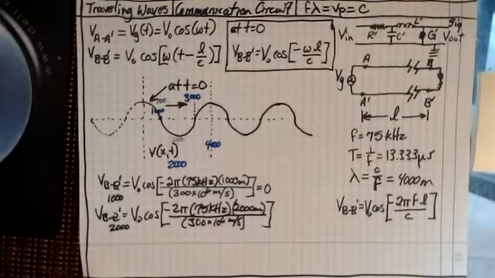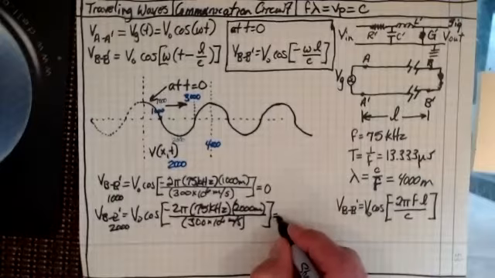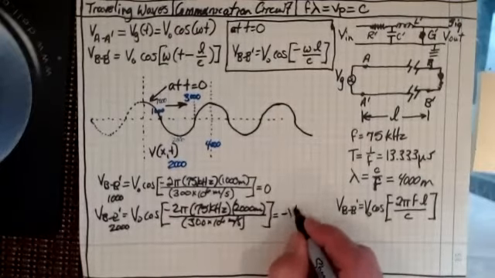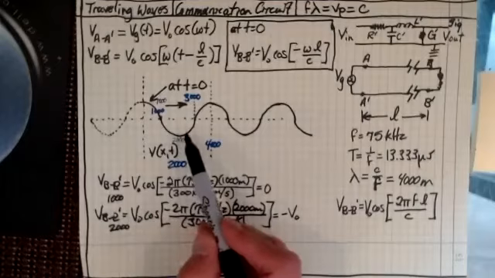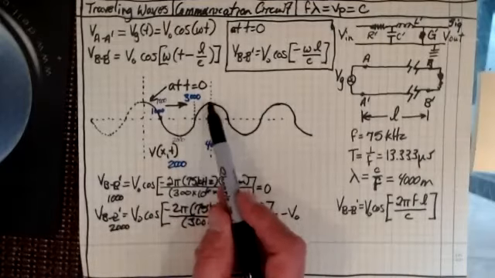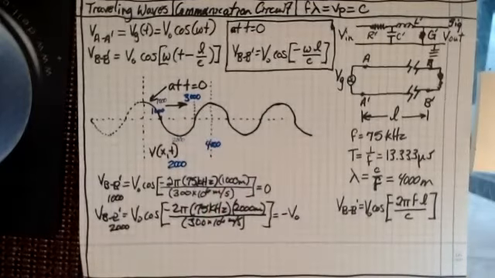It's minus 1. So that tells me that this is going to be minus V sub 0. We can do the same thing for the other ones here, but why waste our time? I've now proven that this works exactly.